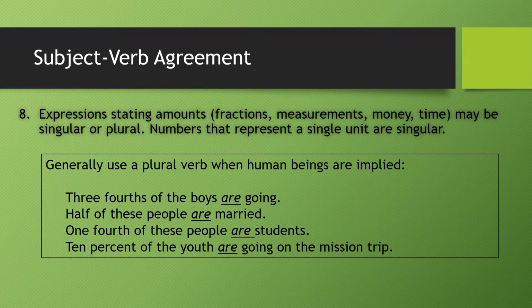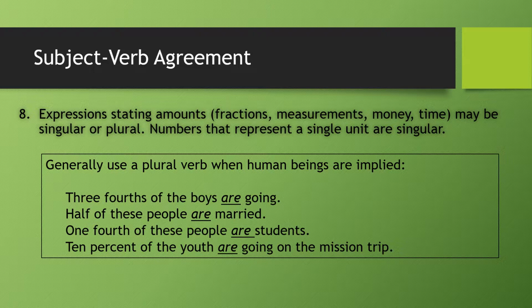Now, generally, use a plural verb when human beings are implied. This is a little difficult, but it's one of those rules that we simply have to learn. 3/4 of the boys are going. Again, if we were referring to 3/4 of a thing, 3/4 of the cake is eaten, then it would be a singular verb.